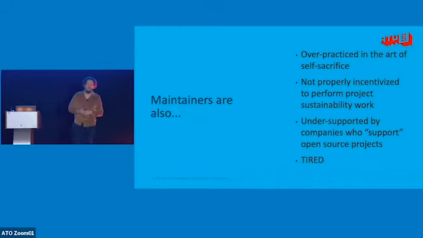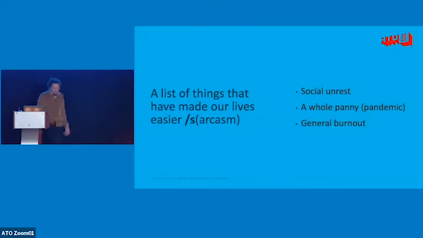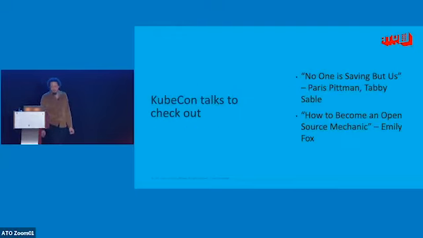And last but not least, we're tired. All the things that we pick up cause us to be tired all the time. So here's a list of things that have made our lives harder within the last few years and just in general. We've got social unrest. We've got a pandemic. We've got burnout in general, right?